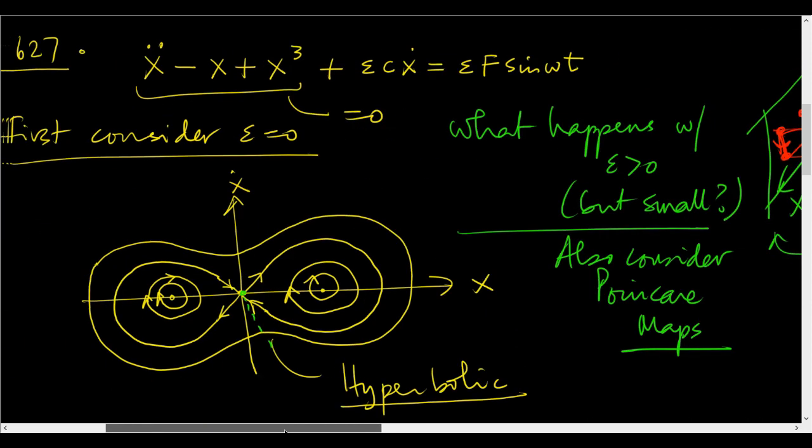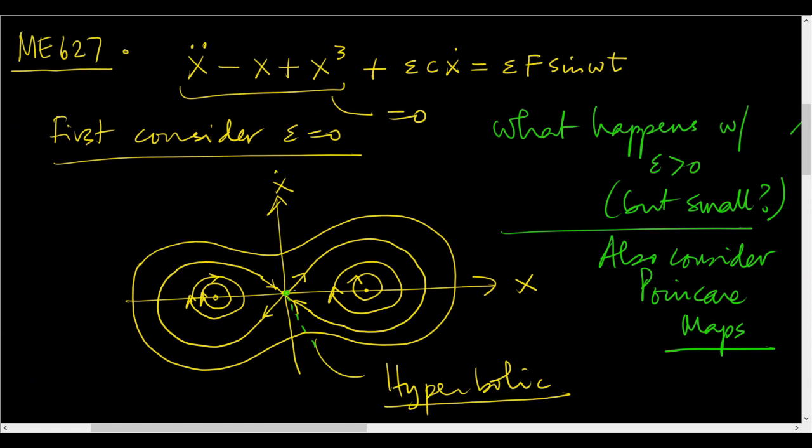It is not a flow, but this point may jump here, and this point may jump here, and the gaps will slowly increase because this is the unstable manifold. This point would jump here, and this point would jump here, and so on.